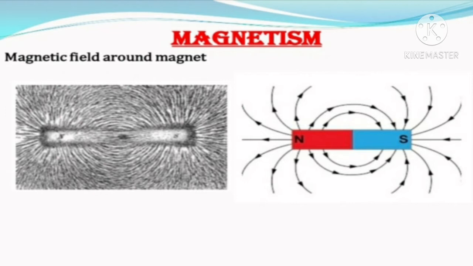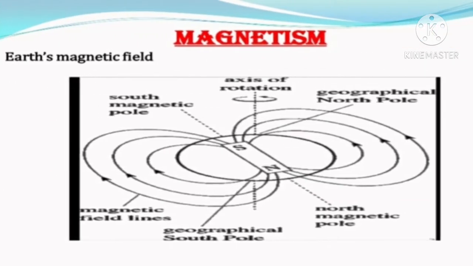Magnetic field lines. Magnetic field lines are imaginary lines around the magnet. Earth's magnetic field. In Earth's magnetic field, the North magnetic pole corresponds to the South geographic pole and the South magnetic pole corresponds to the North geographic pole.